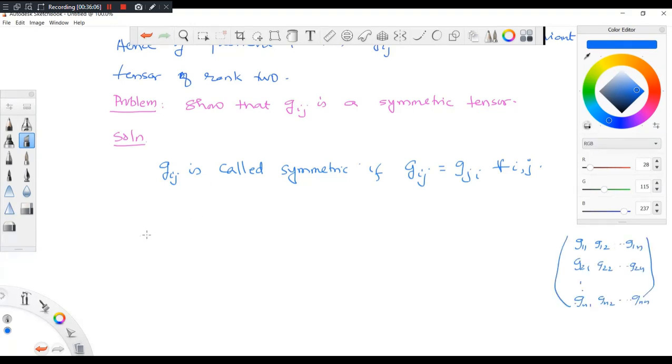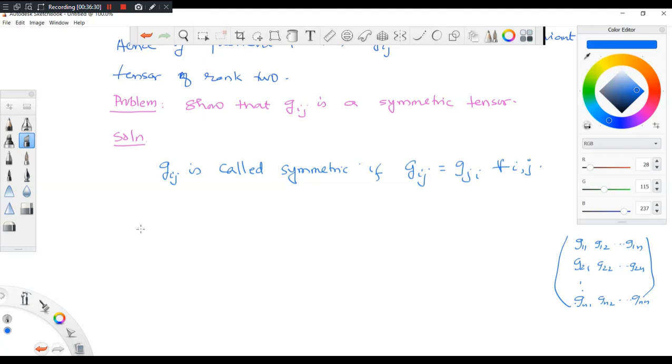And also you know that any matrix you take, you can write it as the sum of a symmetric and a skew symmetric matrix. This result also you have studied.